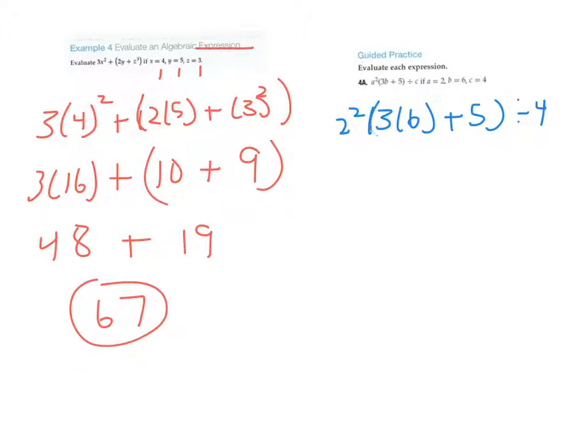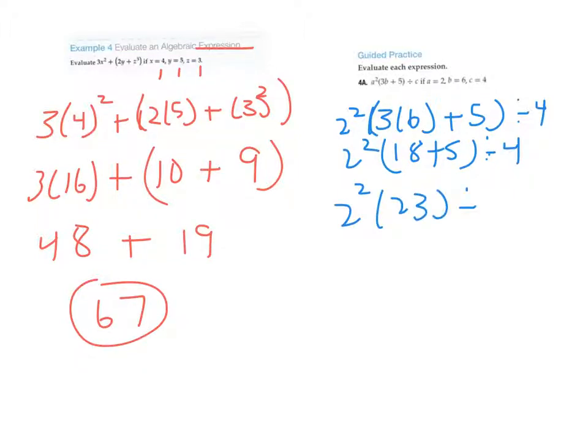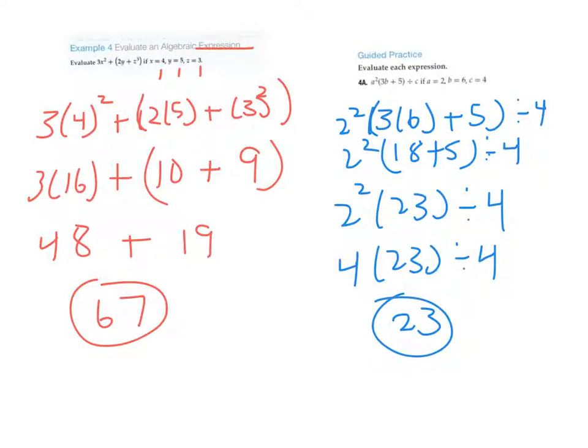So now I'm going to do the inside the parentheses, so this is 18 plus 5, and that becomes 23 divided by 4. Now if I do my exponent, that's 4 times 23 divided by 4, and so my answer will be 23. So you do this in your calculator, 4 times 23 divided by 4, you'll get 23.